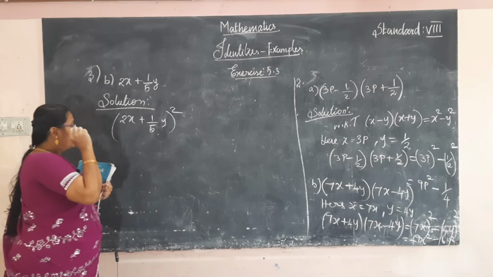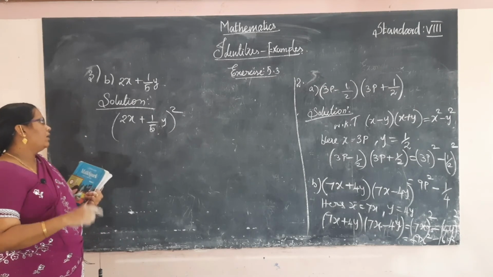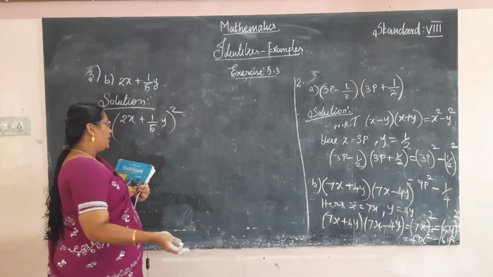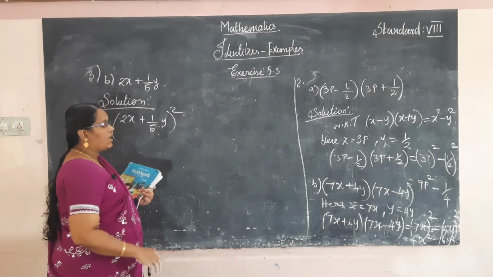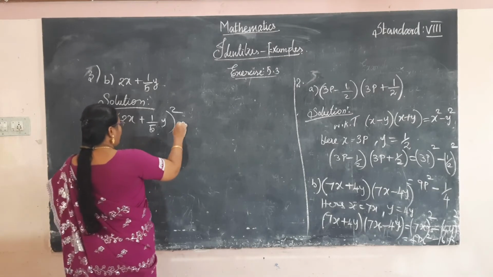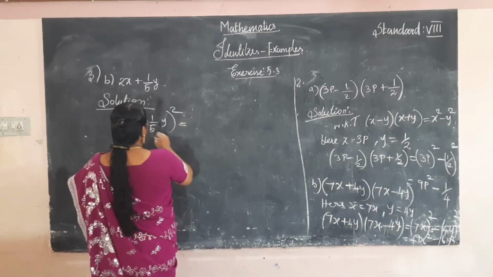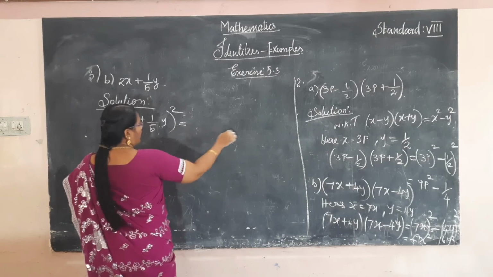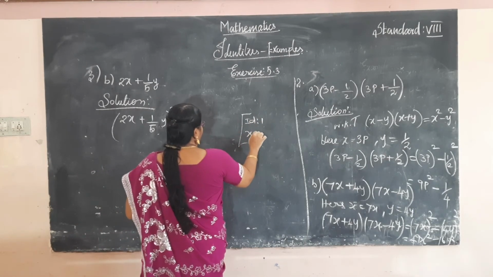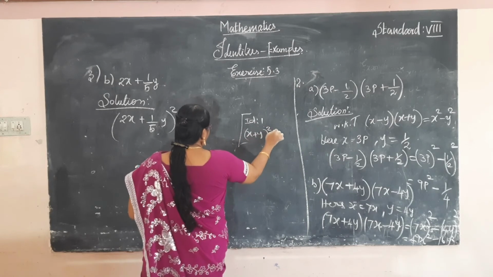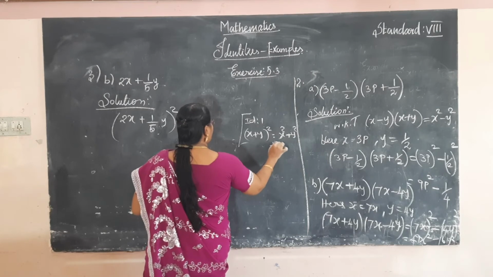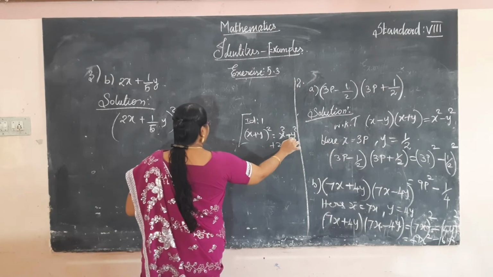So it is in the form of identity 1. What is that? (x + y) the whole square is equal to x square plus y square plus 2xy. Here write the identity first. Identity 1: (x + y) the whole squared is equal to x squared plus y squared plus 2xy.